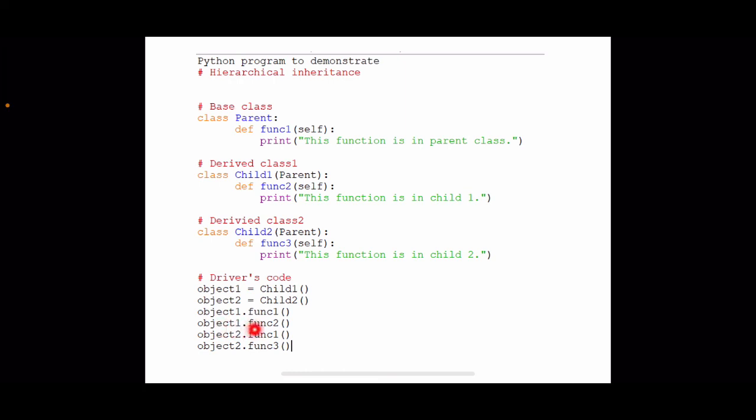And function 2 is defined in child 1, which also can be invoked using object 1, right? These two statements are for object 1. Whereas with object 2 the same thing happens. Object 2 is also a child of this parent class, so function 1 can be invoked by object 2. And function 3, which is specific to child 2, can also be invoked by object 2.